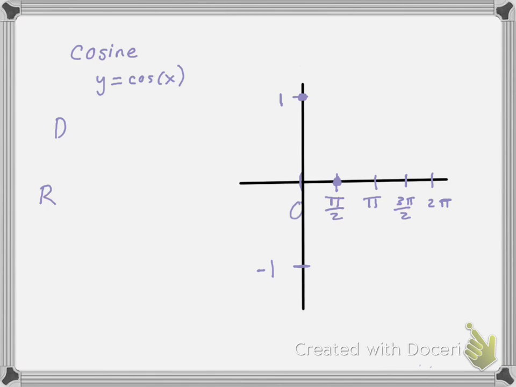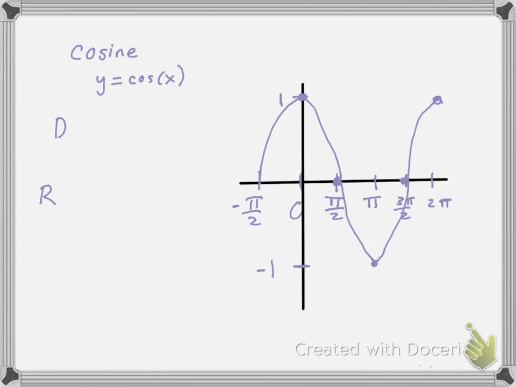When x reaches pi, it goes to -1. When x reaches 3 pi over 2, it goes back to 0. And then when it hits 2 pi, it goes up to 1 again. So just connecting those points, we get this graph. And then if we go on the other side, if we have negative pi over 2, it goes back down to 0, and it continues that way.